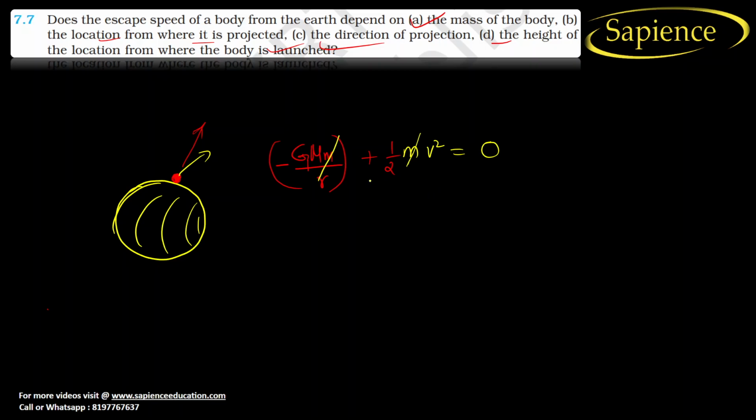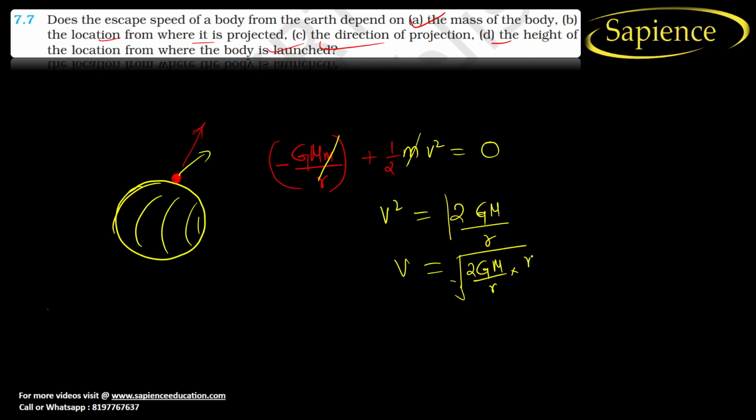Small m gets cancelled out, so v square is equal to 2 G M by R. So v will be equal to root under 2 G M by R, where R is the radius of the Earth.